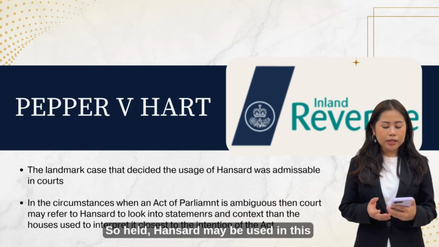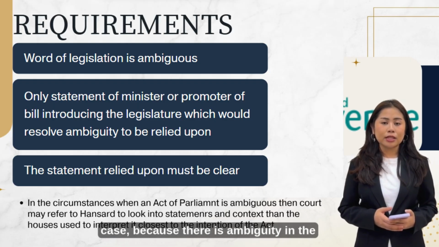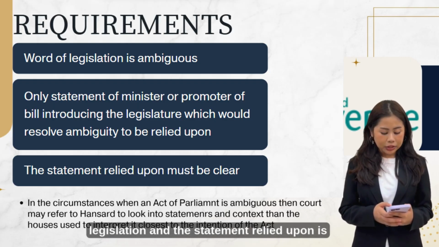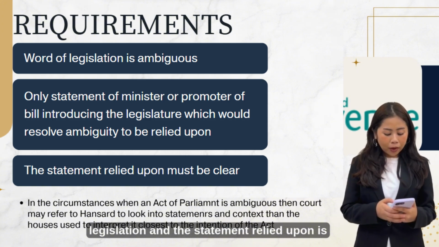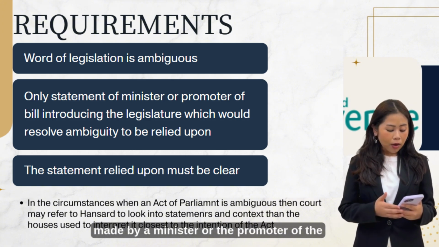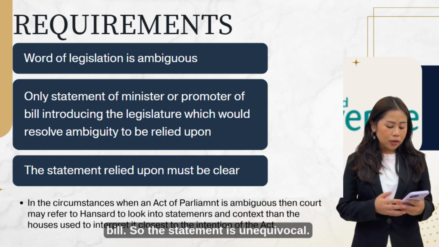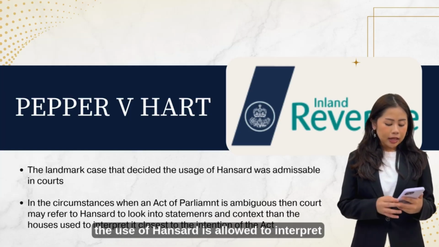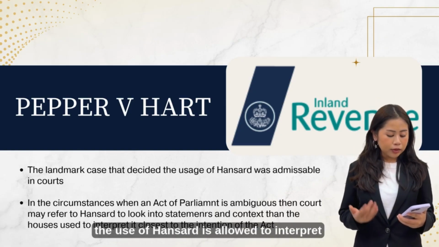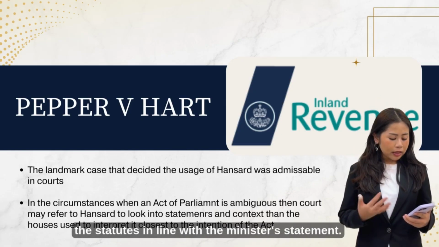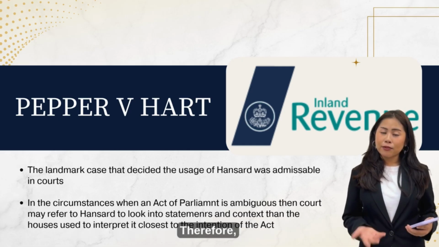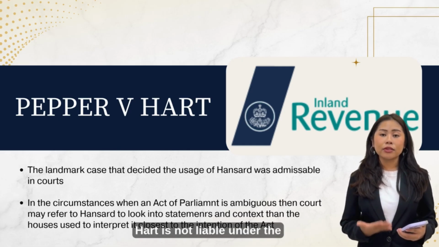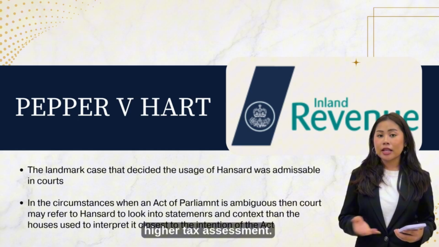So, how may Hansard be used in this case? Because there is ambiguity in the legislation and the statement relied upon is made by a minister or the promoter of the bill. So, the statement is unequivocal. Therefore, in Hart's case, the use of Hansard is allowed to interpret the statute in line with the minister's statement. Therefore, Hart is not liable under the higher tax assessment.